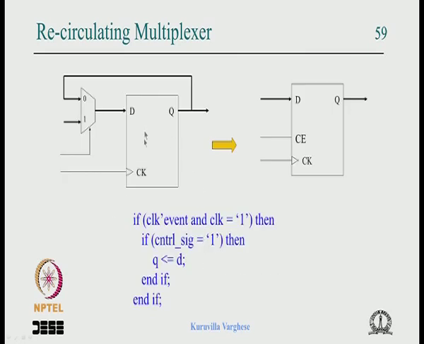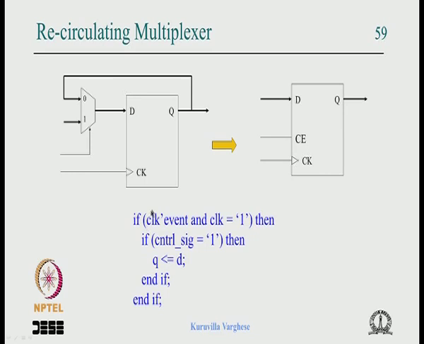Now this recirculating mux is built into the flip flop of the FPGA. So the real FPGA flip flop is a 2-to-1 mux plus the flip flop combined. This is written as clock enable. So whenever you see that, you assume there is a 2-to-1 mux with this clock enable as a select line, which allows you to implement an enable signal.